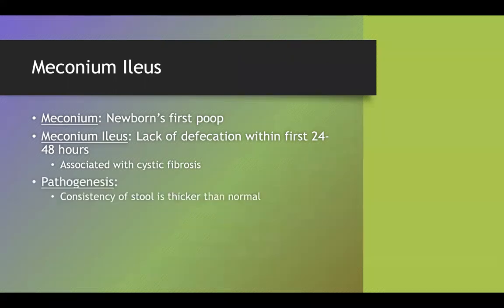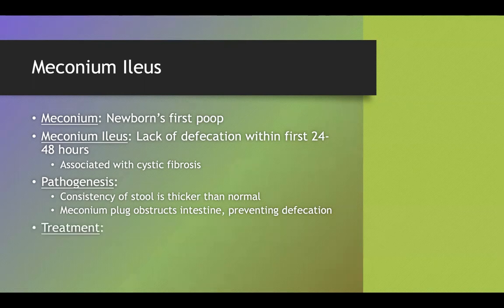And the reason this happens is that in cystic fibrosis, there's usually a thicker consistency of stool. And because of that, the stool can actually create this meconium plug that obstructs the bowel and prevents any defecation whatsoever. And usually you have to go in and either treat this with an enema or surgery in some cases.